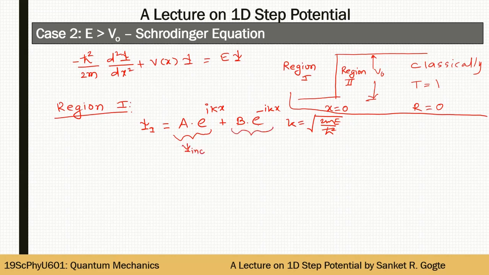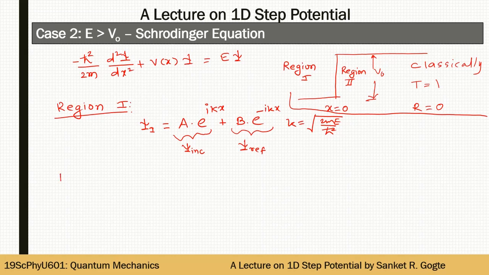The second term represents the probability density of the reflected particle. Because of this minus k, it corresponds to negative momentum, and therefore that term is a matter wave moving in the negative x direction in region 1.